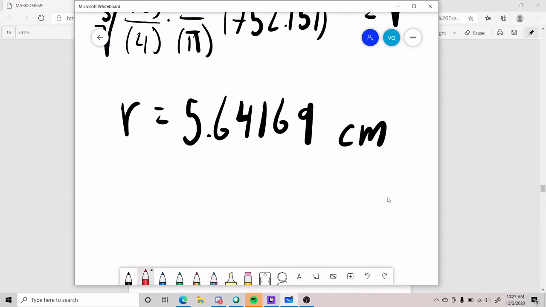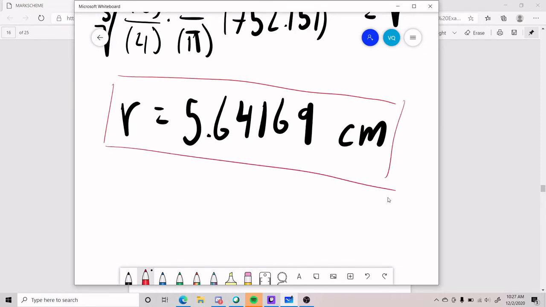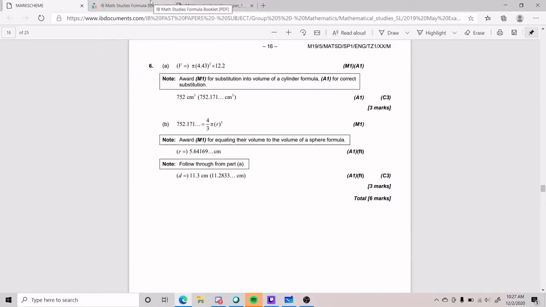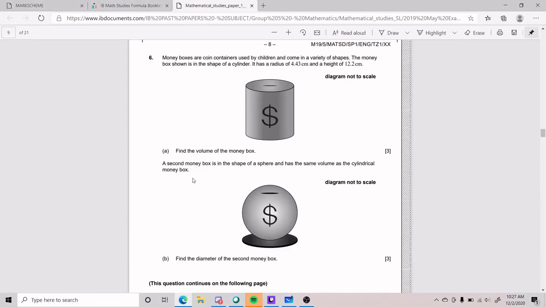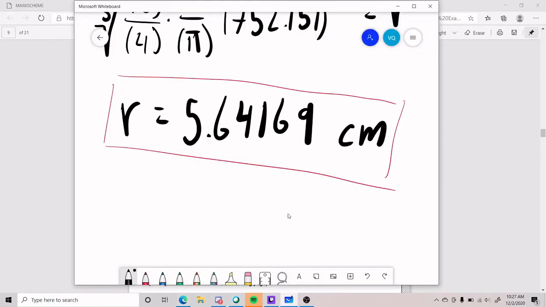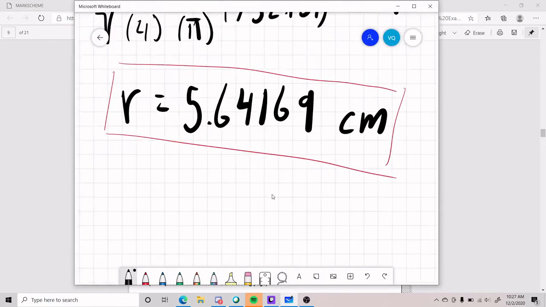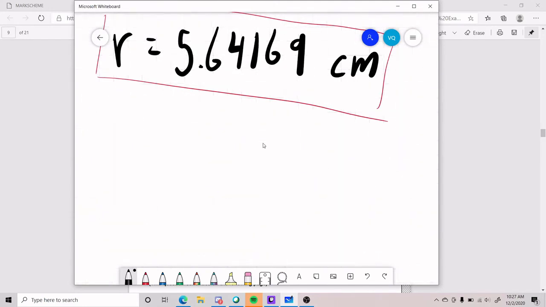A classic mistake here, and you want to be careful with this, is that people put this in as their final answer, and this is unfortunately wrong. The math is right, and this is indeed the radius of the sphere, but you have to look closely at the problem, maybe underline it. The problem is asking for the diameter of the second money box, and the diameter is the whole distance. I'm going to explain it visually. For a circle, for example, this is the radius.